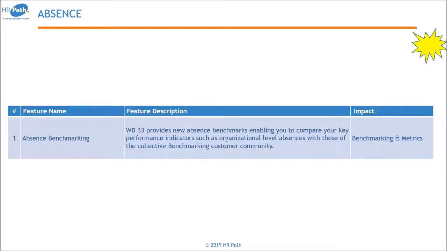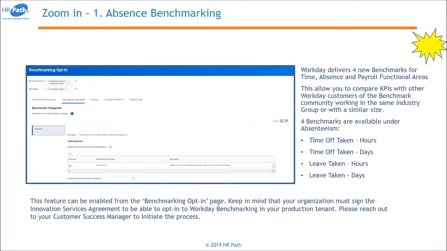Now absence is part of those functional areas. It enables you to compare your key performance indicators, such as organizational level absences, with those of the collective benchmarking customer community. It delivers 4 new benchmarks for time, absence, and payroll functional areas.